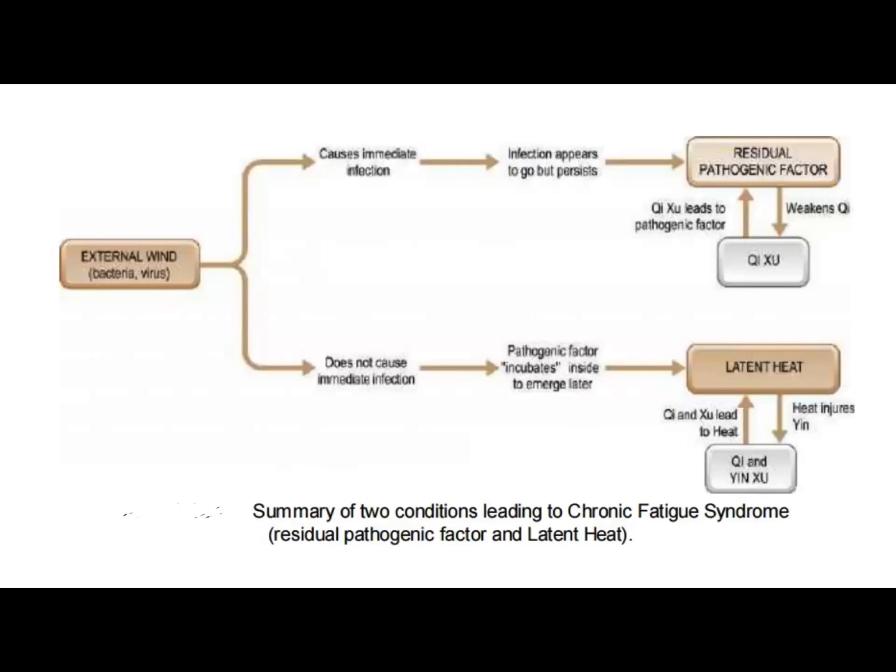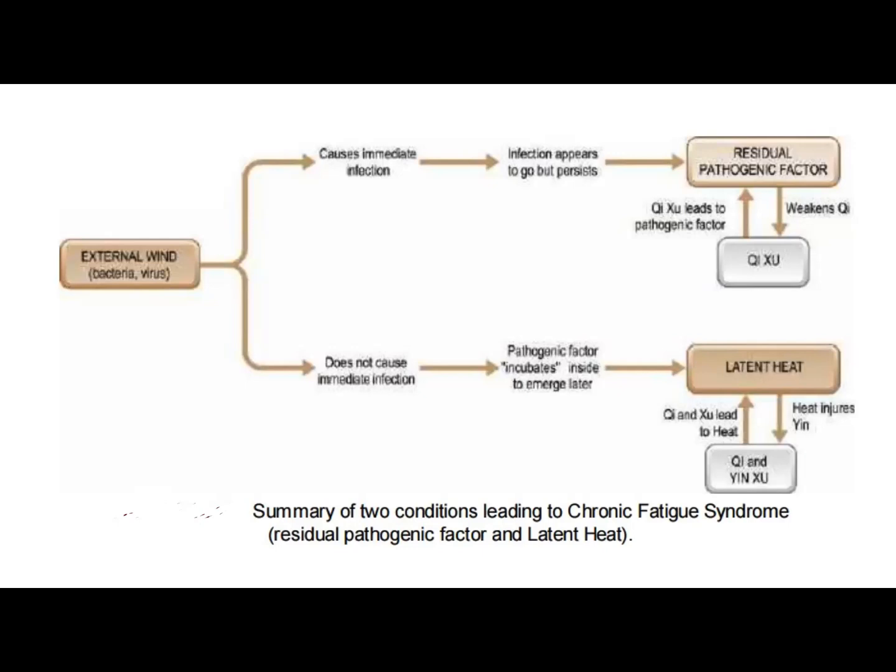So this is the illustration that we were talking about, the summary of two conditions leading to chronic fatigue syndrome, the residual pathogenic factor and latent heat. So the external wind, which can be in the form of bacteria or virus, may cause either an immediate infection or it does not cause an immediate infection.